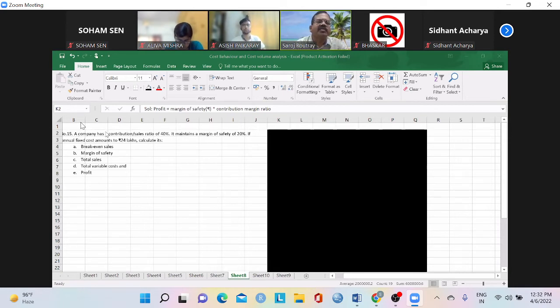This is the information. A company has a contribution sales ratio of 40%. What does contribution sales ratio mean? Contribution margin, that is contribution divided by sales.